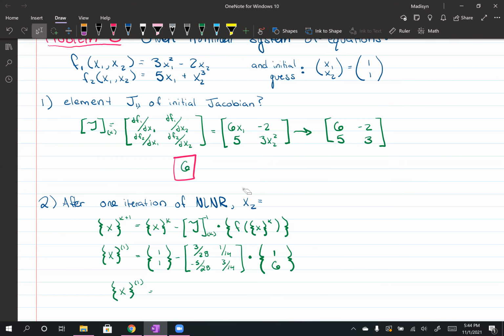So 3x sub 1 squared minus 2, 5x sub 1 plus 6 x sub 2 cubed, which we guess 1.